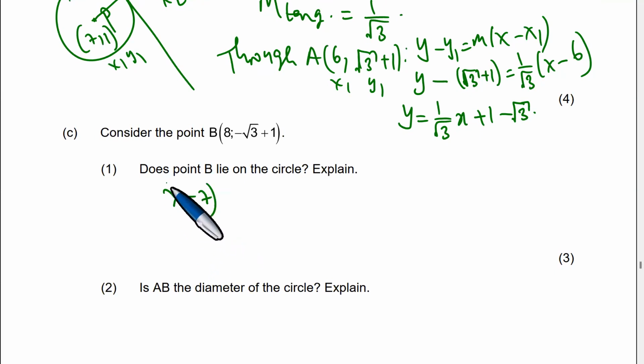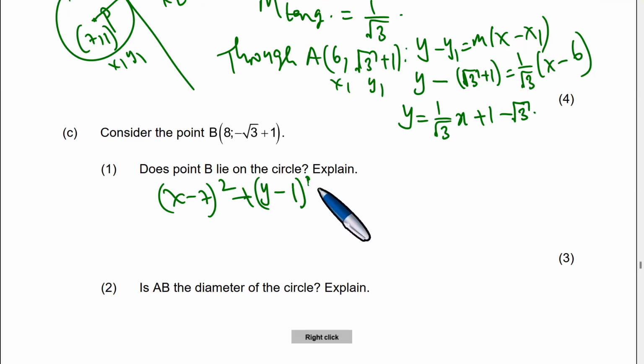It is x minus 7 squared plus y minus 1 squared is equal to 4. So now if you say this point, consider it, does it lie on the circle?